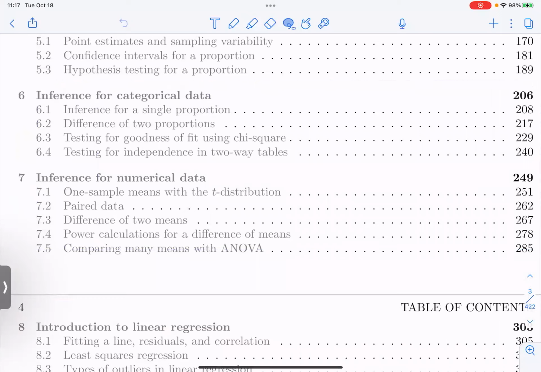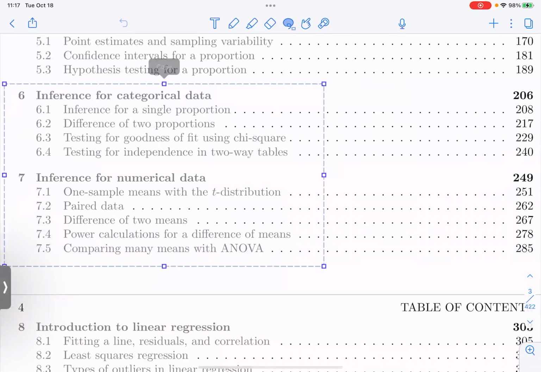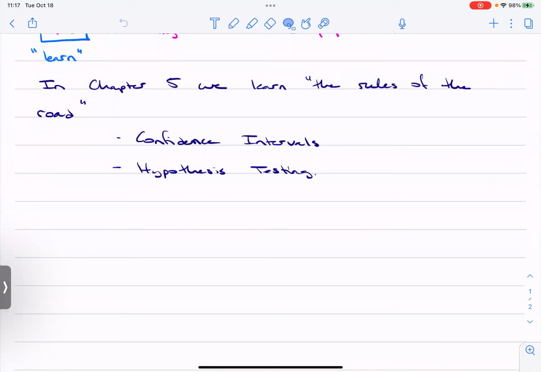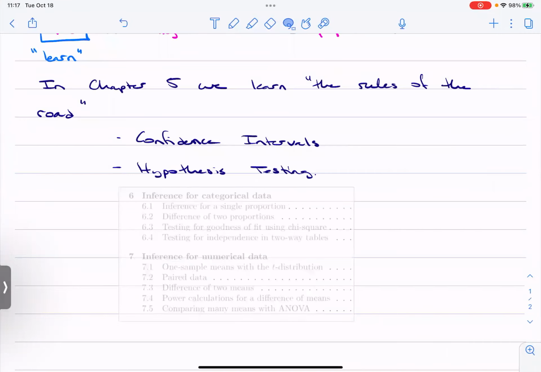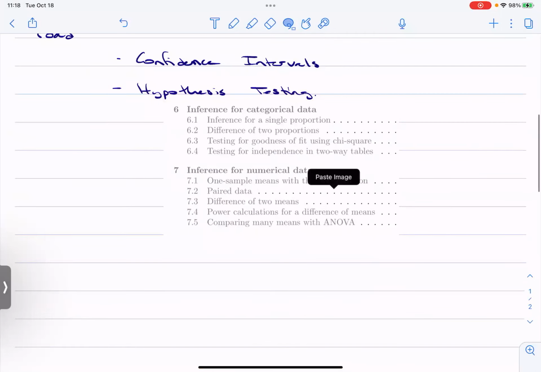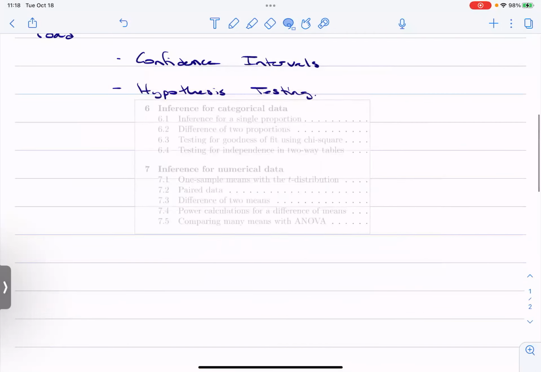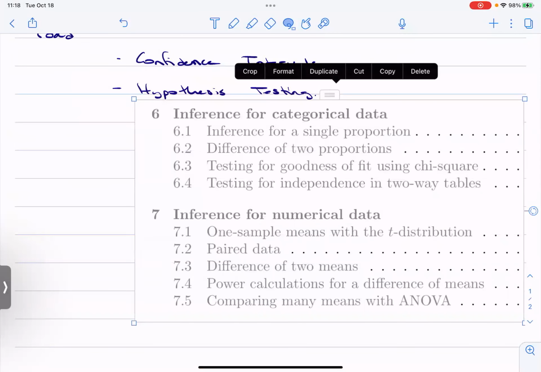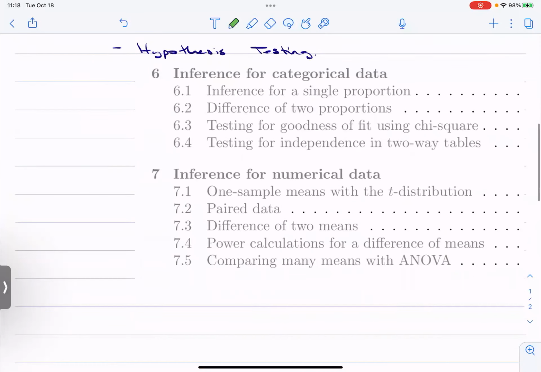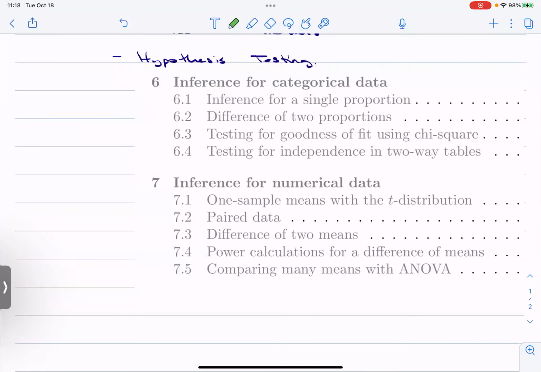Okay. And so here, let's see here. Oh, wait, I don't need that. I don't need the page numbers. I just need this list. Okay. Get bigger there. So these are the different types of questions that we're going to learn how to deal with.